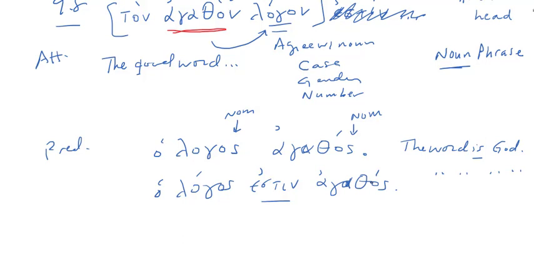We'll get to some situations where, once you learn a little more grammar, you'll still see that the case of the predicate adjective has to match the case of the subject. All right? And so for now, the only case we know it can be is nominative. It's just when we start talking about infinitives, right? We'll get to that at the end of second semester. So put that out of your mind.